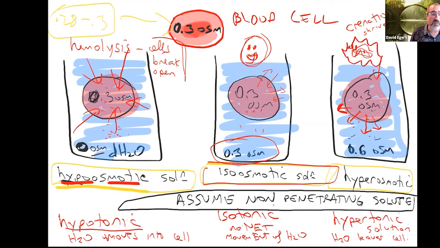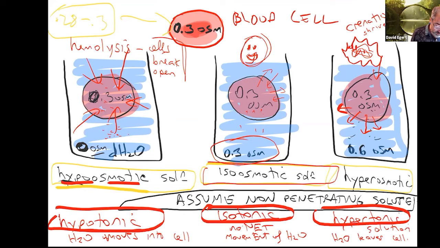Over the weekend, spend some time with these terms: isotonic, hypertonic, hypotonic. Again, that has to do with the movement of water. It's related to hyperosmotic, isoosmotic, hypoosmotic. But as we're going to see, there can be things that make the relationship more complicated.